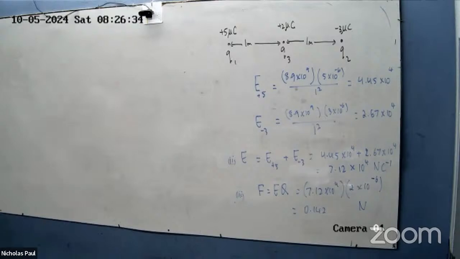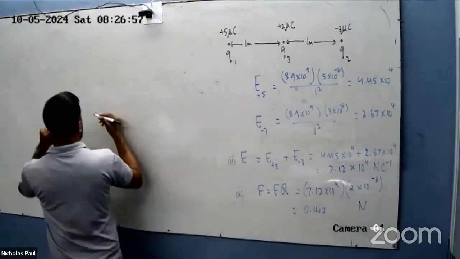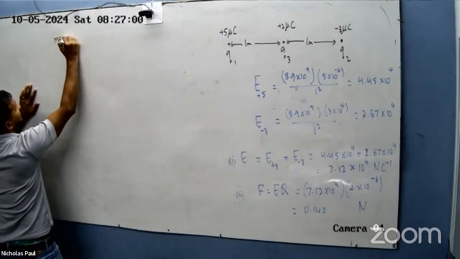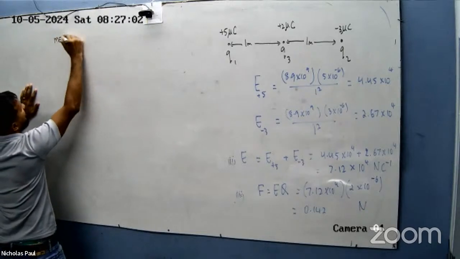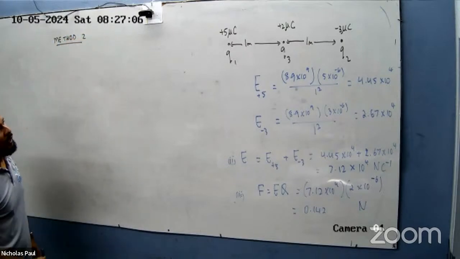Alright, next, here's what we're doing now. We continue with the same thing. We want to find the force exerted on Q3, method 2. We want to find the resultant.